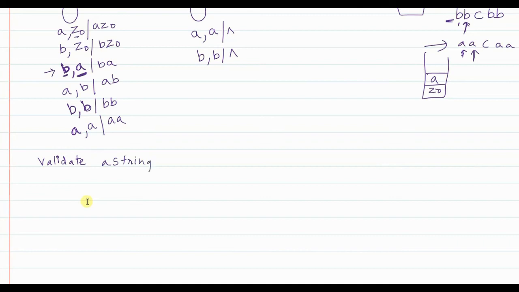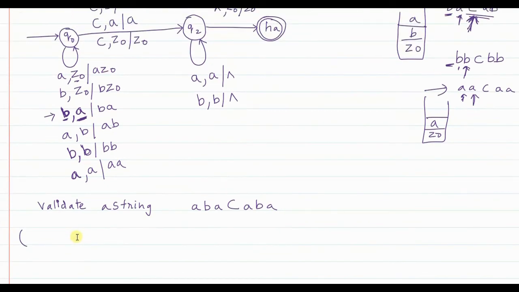Let's take a string, say ABA C ABA. Okay, this is a palindrome string. So initially what will happen? I will use this particular PDA for that. Initially we are in Q0 state. The unread input will be ABA C ABA.